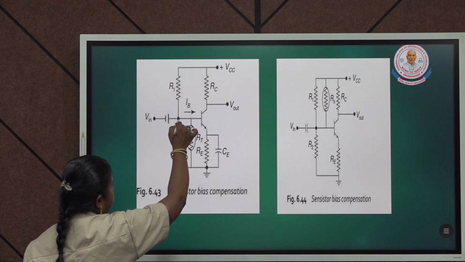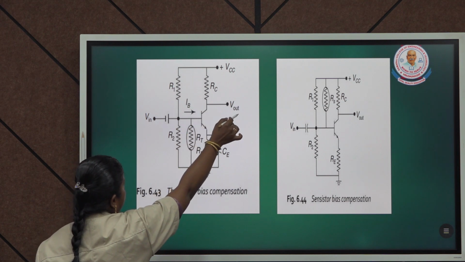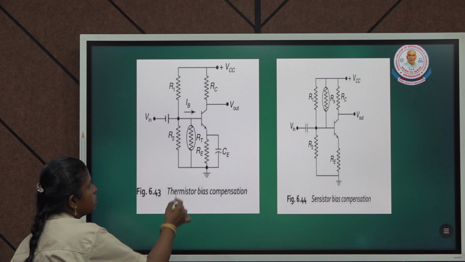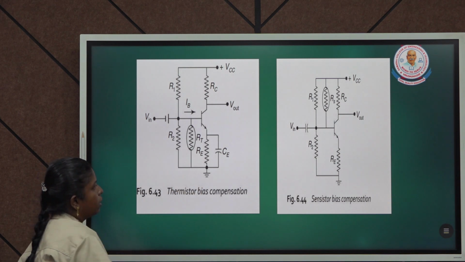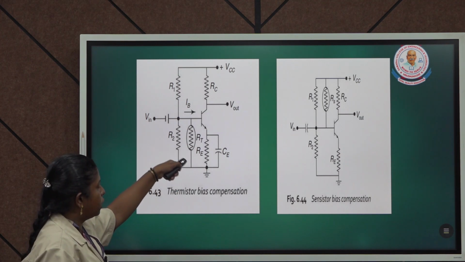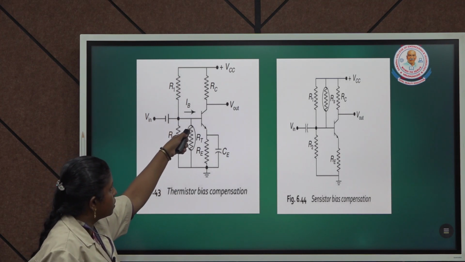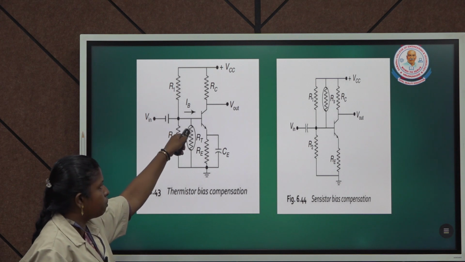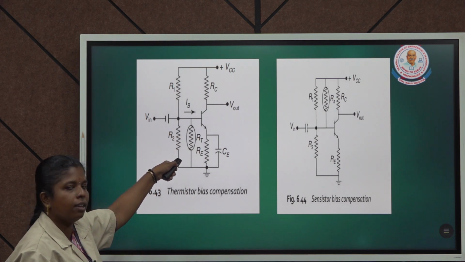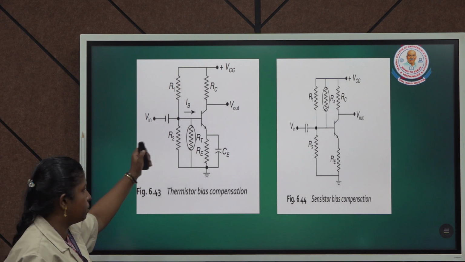When the input is given and the output is taken, it has to be in stabilized conditions. This RT will take care of the temperature rise at this particular point. When the current flows here, we end up with some temperature variation, so it will be compensated by using the RT thermal resistor.